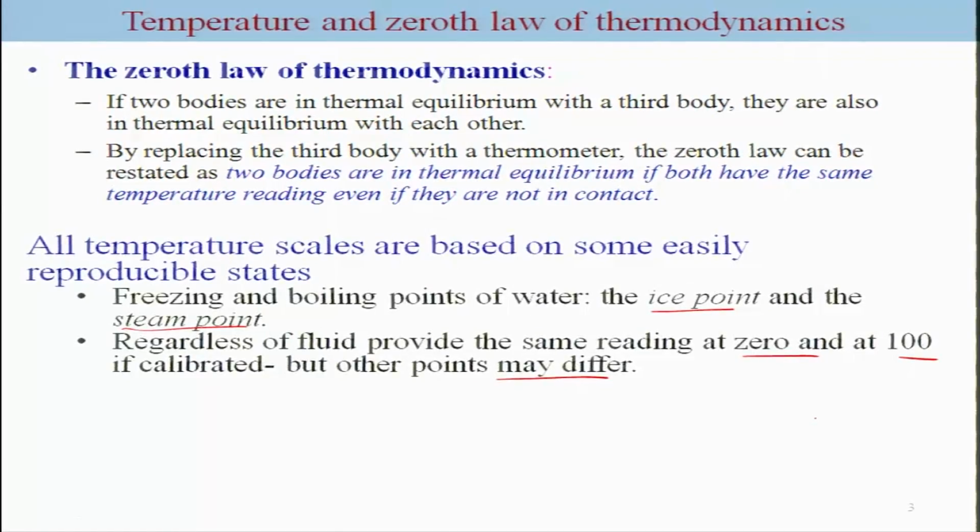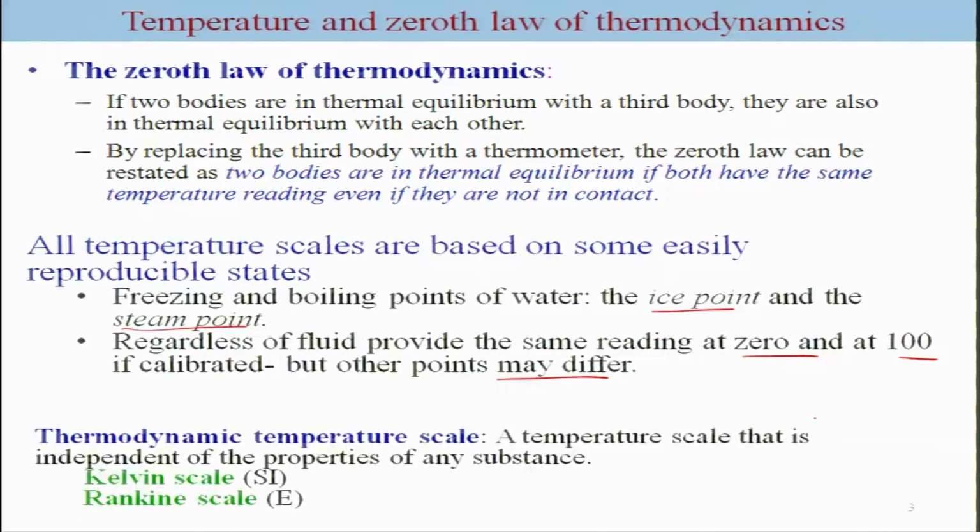The one which is used is based either on the ideal gas thermometer, which is independent of the gases which are considered, and the scale is linear as a function of temperature. In other words, the pressure is linear as a function of temperature.